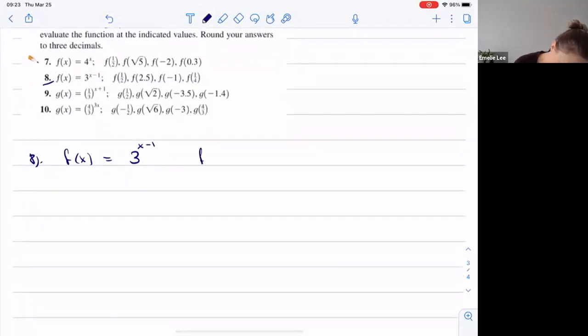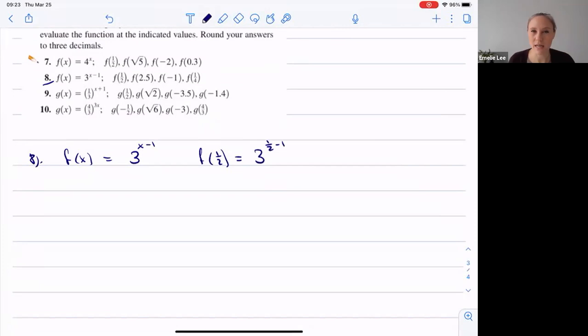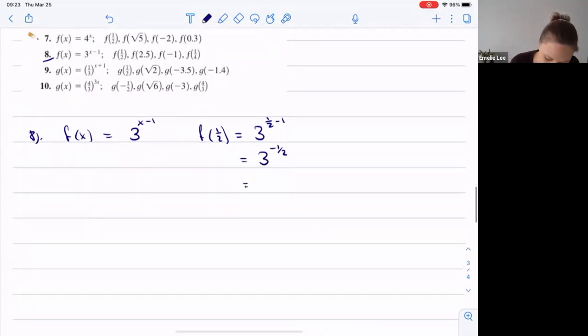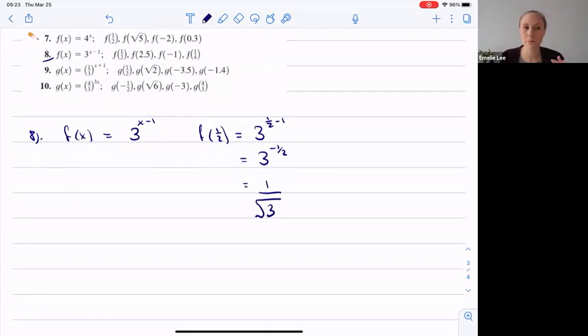So f of 1/2 is what? Now I replace my x with 1/2, so 3 to the 1/2 minus 1 puts me at 3 to the negative 1/2. But what we know about exponents is that that's the same as 1 over the square root of 3, right? We want to always kind of make those connections when we have exponents, right? We know how to deal with exponents.